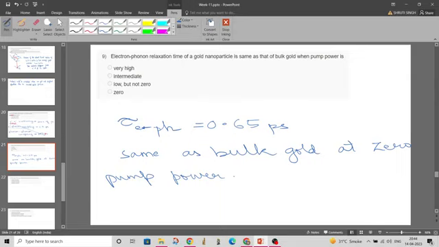And when it increases, the coupling will not be as good, because the coupling constant, K, is inversely related to the time constant of the coupling. So if at 0 pump power it is the same as the bulk, here the answer will be 0.